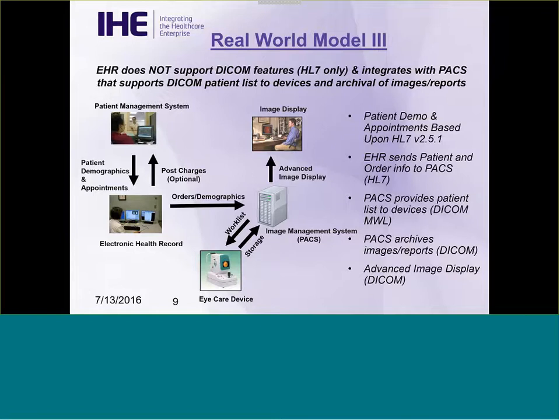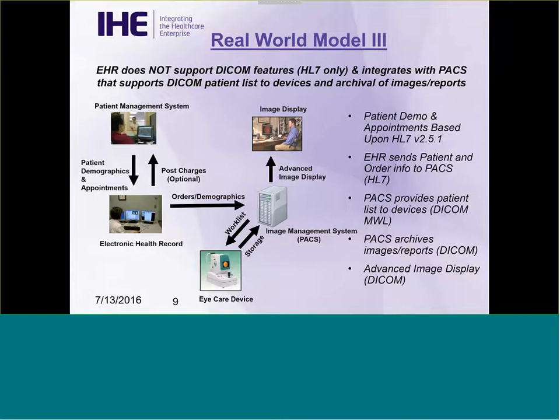So the PACS system is taking the ownership to generate the DICOM modality work list. It's no longer in the hands of the EHR. The orders generated are sent from the EHR to a PACS system using HL7 mechanisms, again 2.5.1. And then it's the PACS system that generates the DICOM modality work list.